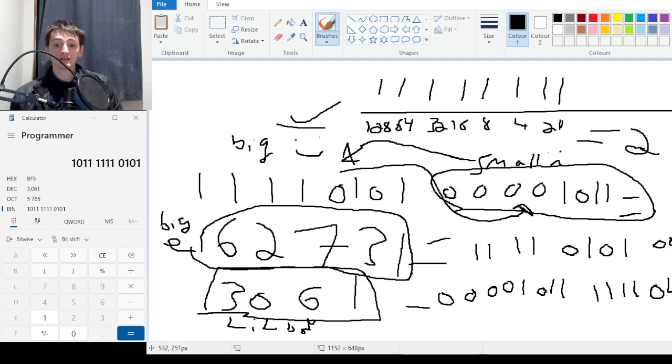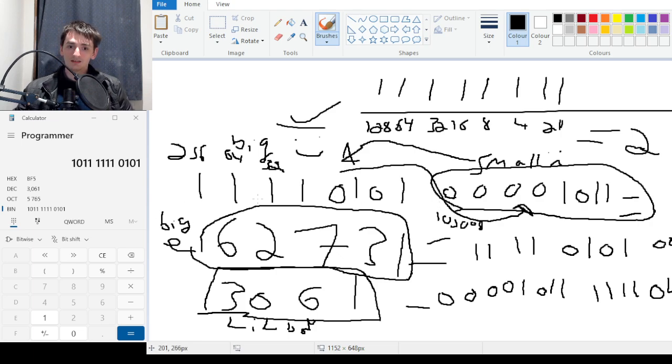But if it's in little Endian, then you count this first one as the small one, which would be your 256, 64, 32. And then this last one would be your big boy, which would be like your 10,000 or whatever. And then you work it out that way.